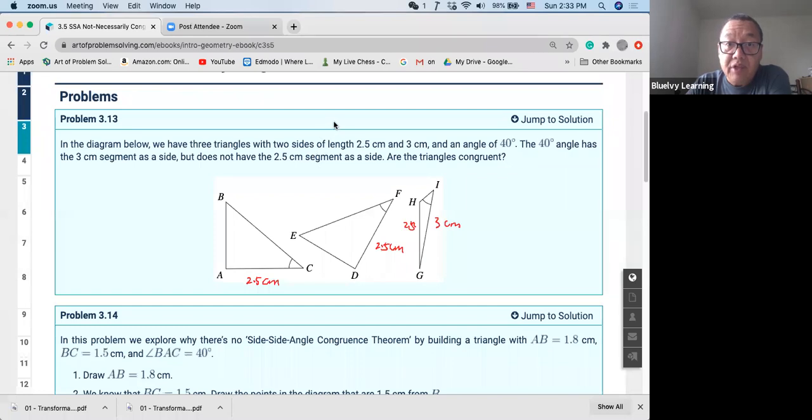So what I wrote here: this one is 3 centimeter, this one is 3 centimeter, this one is 3 centimeter. Now this one is 2.5, this one is 2.5.